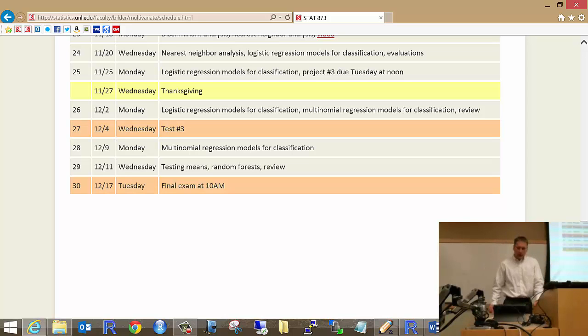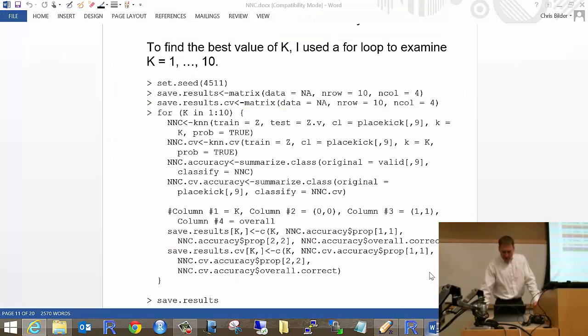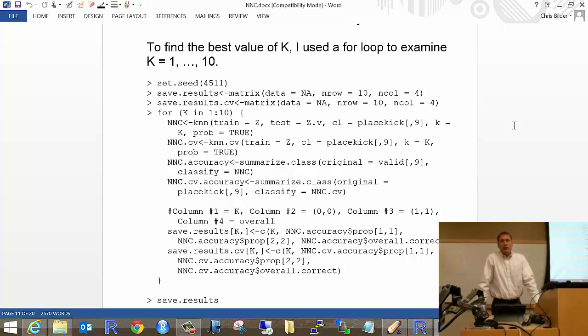Okay. So we were talking about nearest neighbor classification methods last time. Just to really briefly review, these nearest neighbor methods work quite simply. Let's say we want to classify a particular observation into one of 3 populations. What you do is you simply look at that observation relative to its nearest neighbors, or in other words, observations that are close to it.